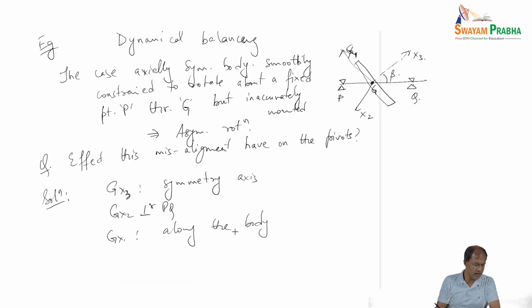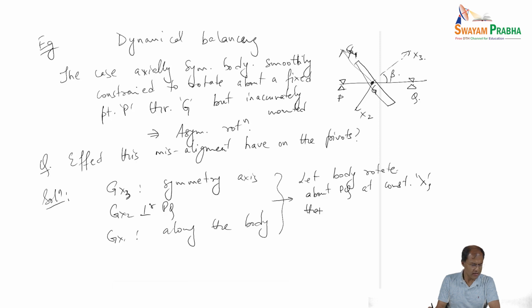And let the body rotate about PQ at constant rate lambda, and then the angular velocity components in this G, x1, x2, x3 frame are as follows.